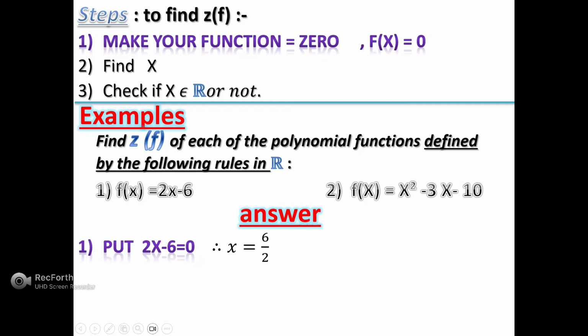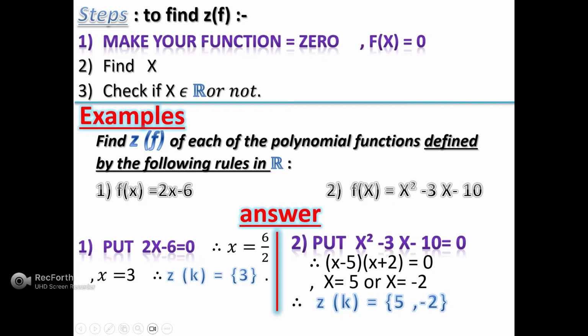Answer: first step, make your function equal 0, 2x minus 6 equal 0, then by the way of the equation, x equal 6 over 2, then x equal 3. Now we found the value of x equals 3. Third, check if x belongs to R or not. 3 belongs to real numbers, yes. Then the 0 of the function equals 3.